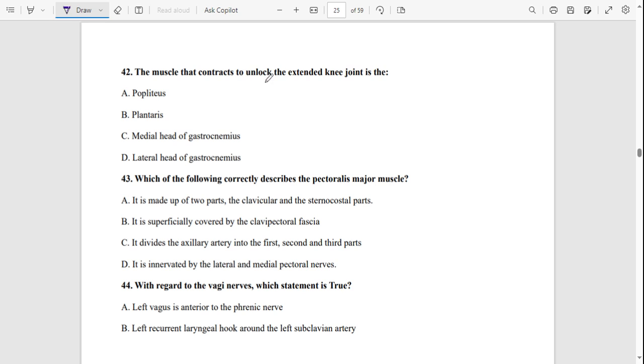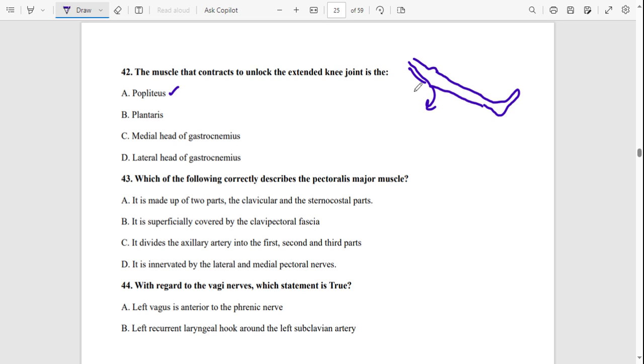The muscle that contracts to unlock the extended knee joint is the... if the knee is straight like this. Okay, let's say the knee is straight. You want to extend it, you want it to bend here. What muscle should do that to unlock the extended knee? Popliteus, of course, the popliteus, though it is behind.